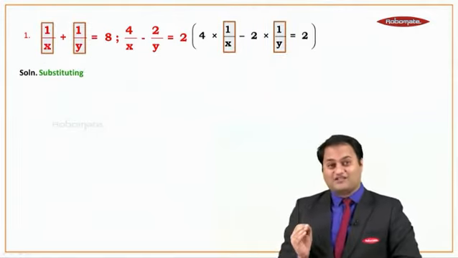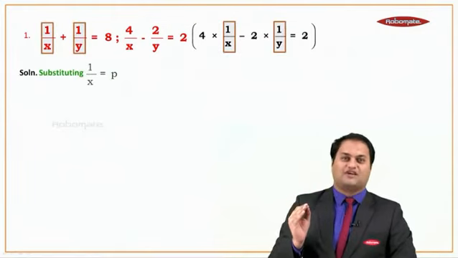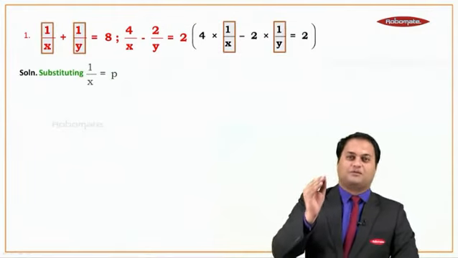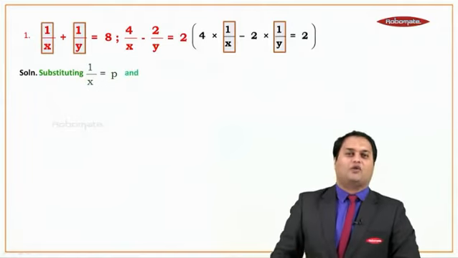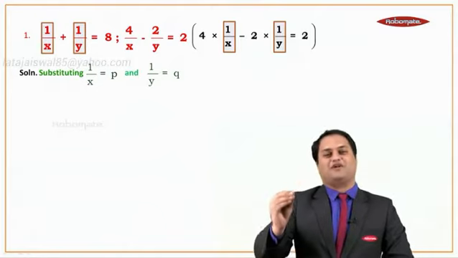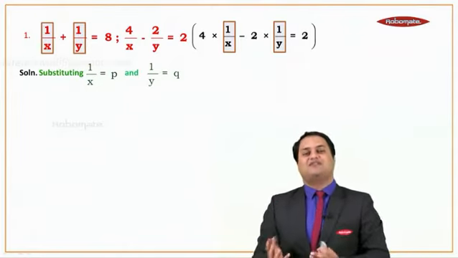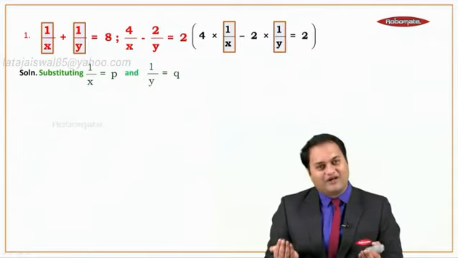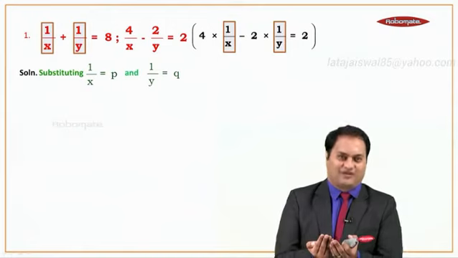Because 1 upon x and 1 upon y are common, we will substitute 1 upon x as, say, a variable p, and 1 upon y as, say, a variable q. So the concept is, whenever we see variables in the denominator, we can't multiply because the LCM is xy.